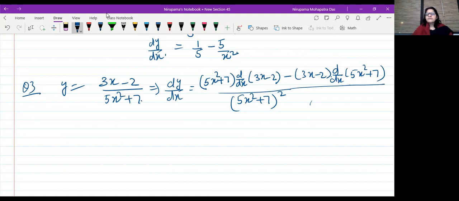V into du minus u into dv, or you can say square of denominator, then denominator into derivative of numerator minus numerator into derivative of denominator.